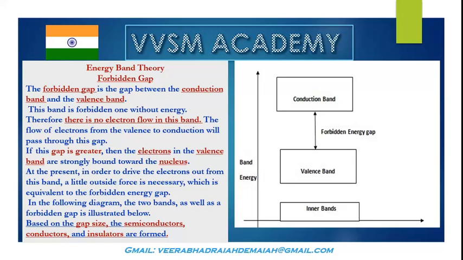That means when the forbidden energy gap is very, very small, or there is even no forbidden gap, they belong to the category of conductors. In the case of insulators, you can have a forbidden energy gap, whether it is less or more or even zero, depending upon the gap size.